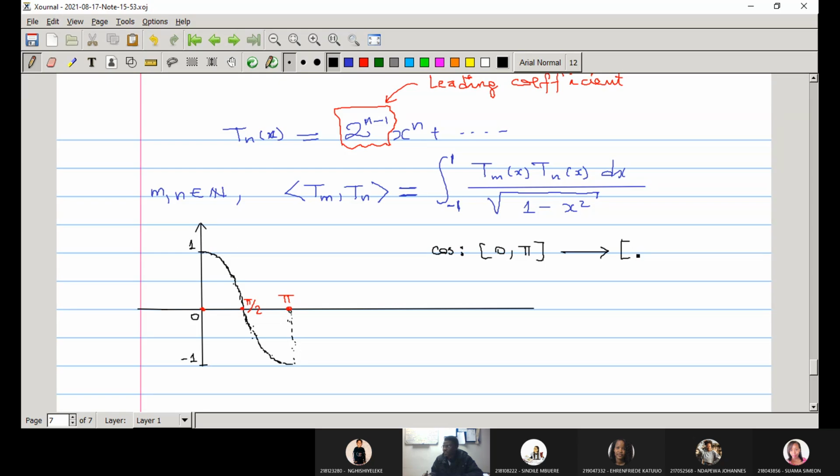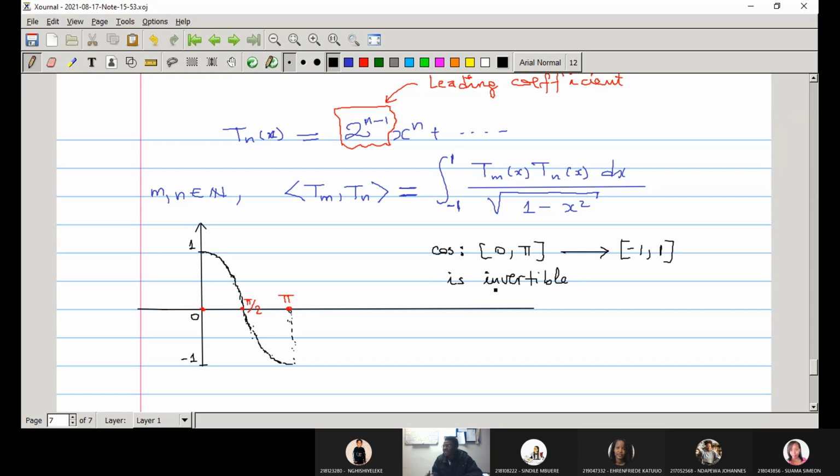That would be the range, -1 to 1. So this cosine is invertible. I repeat, it's not invertible if you take the whole real line. You just need this portion, from 0 to pi, to define the inverse.